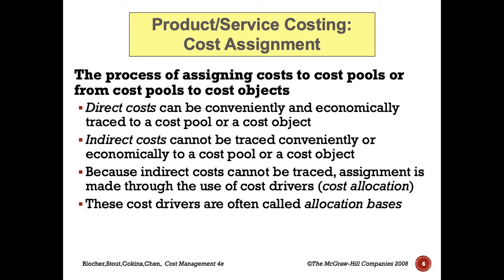There are two types of assignment, direct tracing and allocation. Direct tracing is used for assigning direct costs, and allocation is used for indirect costs.